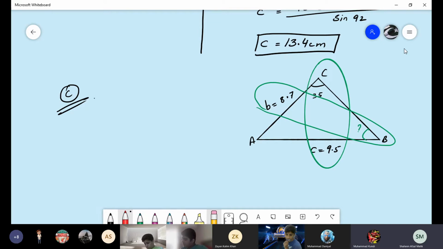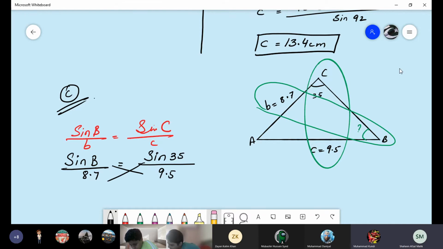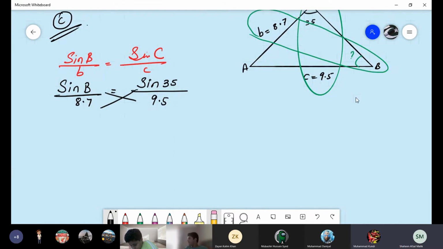Ma'am, sine B over b, equals sine C over c. Substitute the values. Sine B over 8.7 is equal to sine 35 over 9.5. Okay, very good. Then we will cross multiply.